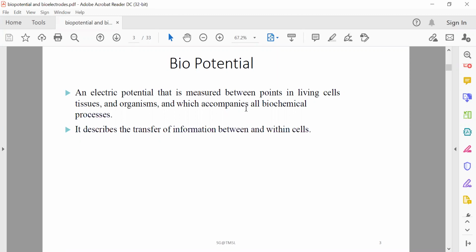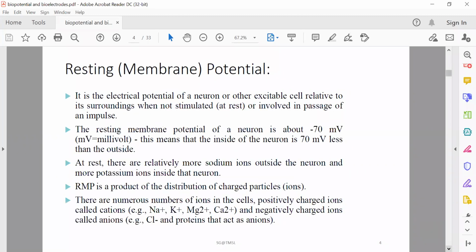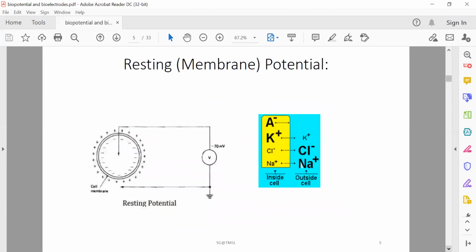If the membrane is stimulated or excited, the characteristics of this membrane also change, and therefore the sodium ions can enter into the cell.